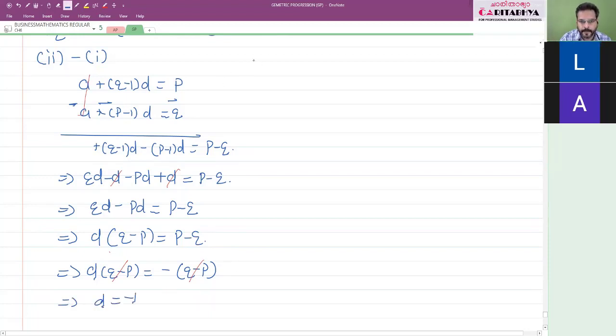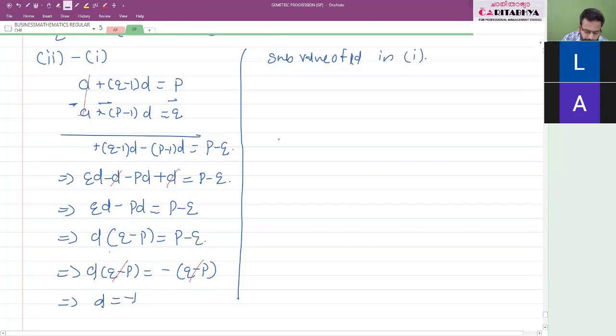Then substituting the value of d in equation 1. Okay. So equation 1 is a plus p minus 1 into d, that is minus 1, equal to q.